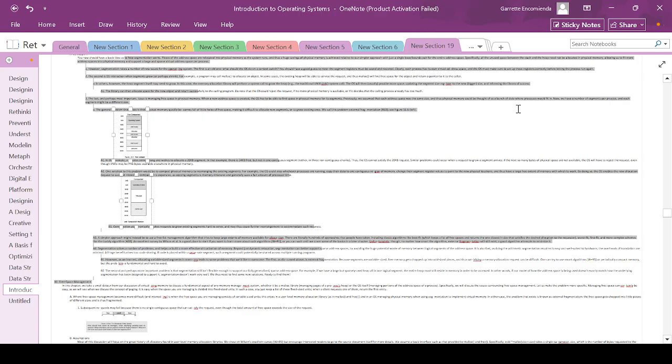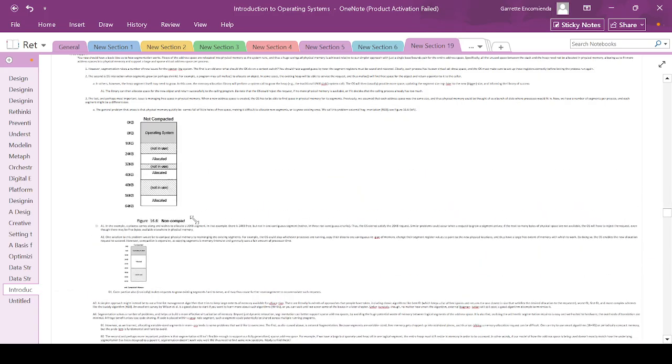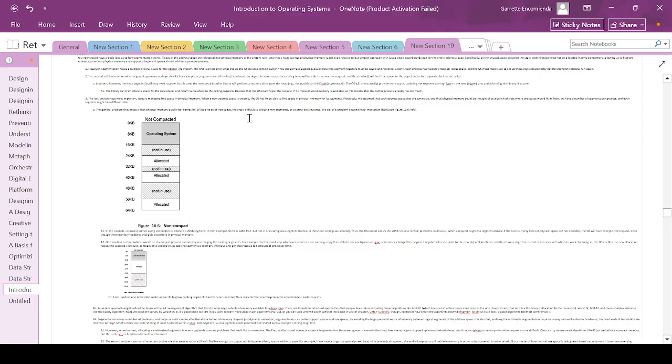Now we have a number of segments per process, and each segment may be a different size. So that's the last and important issue, which is managing the space for those.